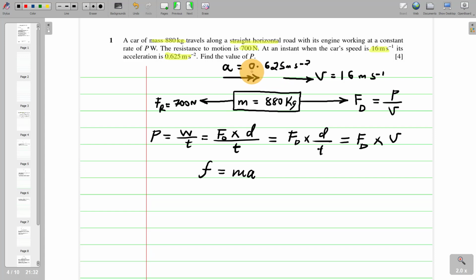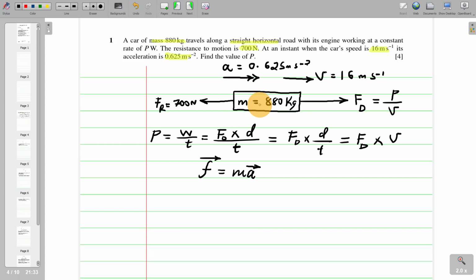If the acceleration is given and the direction is given, then we know that since the acceleration is to the right, the resultant force which causes it must also be to the right. So we know that the resultant force is acting to the right.